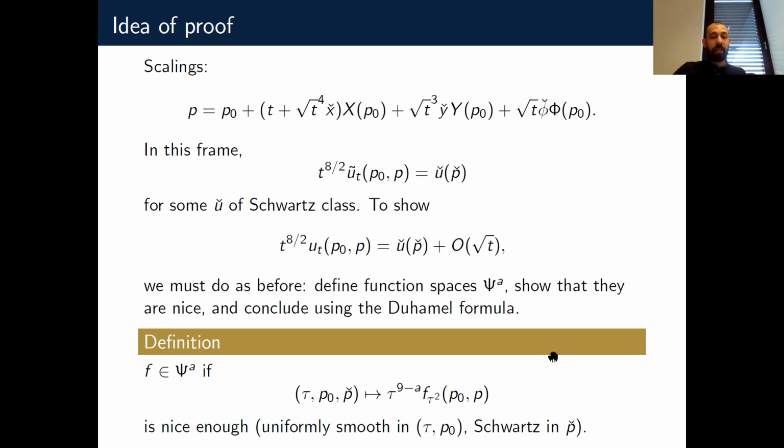And we want this to be nice enough, and nice enough is a bit heavy, so I didn't write it down. But basically, you want all derivatives with respect to tau, p0, and p to be uniformly bounded. And you also want that when you multiply this by a power of p check, you stay uniformly bounded, so it's Schwarz in this direction.